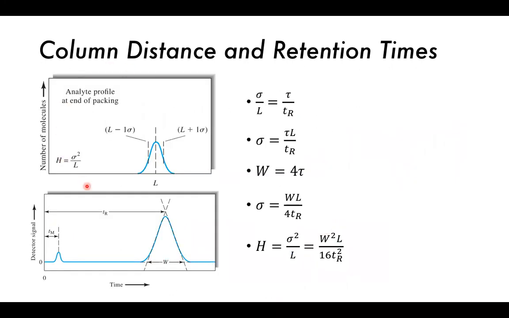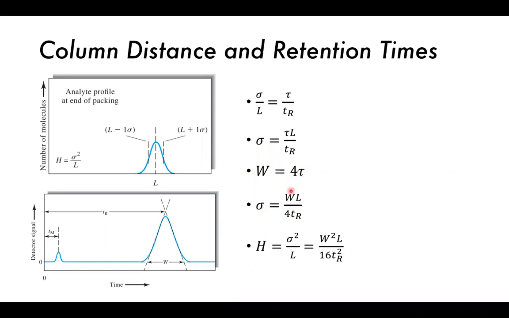So then here it is again, the same thing. This time though, we're taking this new equation we have and translating it into terms of the distance standard deviation. And then we have a new term for the width here. So the width here is usually going to be 4 times the standard deviation of the time.